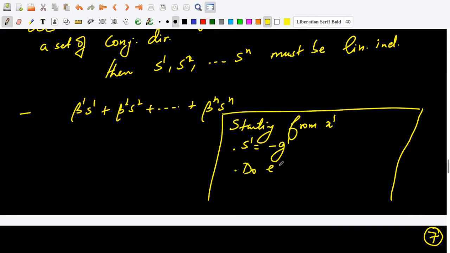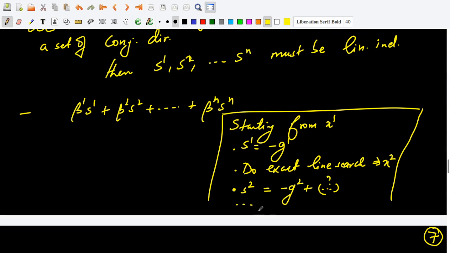Do exact line search and find x2, and then pick s2 equal to minus g2 plus something, which we will talk about next, and keep doing this, and then repeat. And this is really my conjugate gradient method.